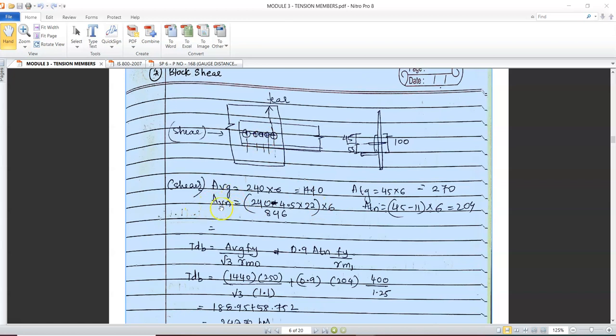Now this becomes the net area under shear. Similarly tension, from the center of the bolt to the toe of the angle. If you refer, this distance is 60 as per SP6, and this distance is 40.